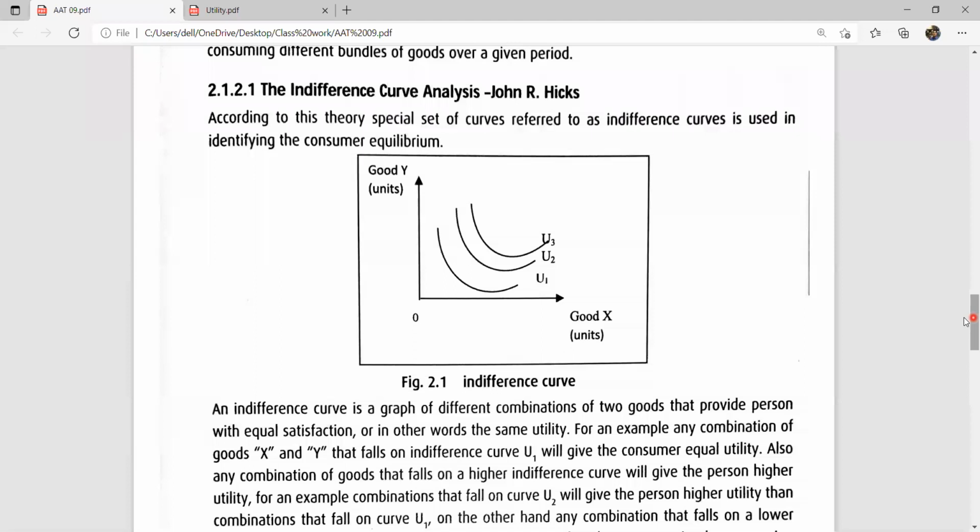Another practical example: for the dessert, you can have apple or banana. If the price of banana is high, you buy more apple. If the price of apple is high, you buy more banana.